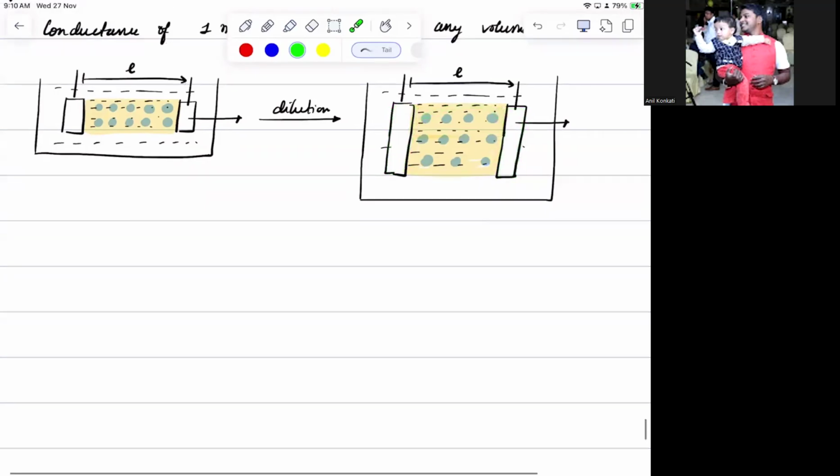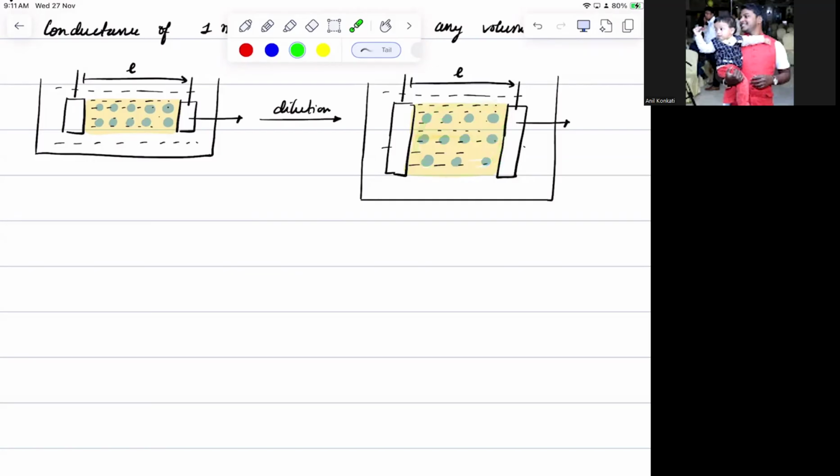So there are two advantages here. First, the distance between the ions increases. That will make for more free movement of ions, because they get more space to move around. The number of ions is the same, so that will improve the movement of ions, and therefore the molar conductance will increase.